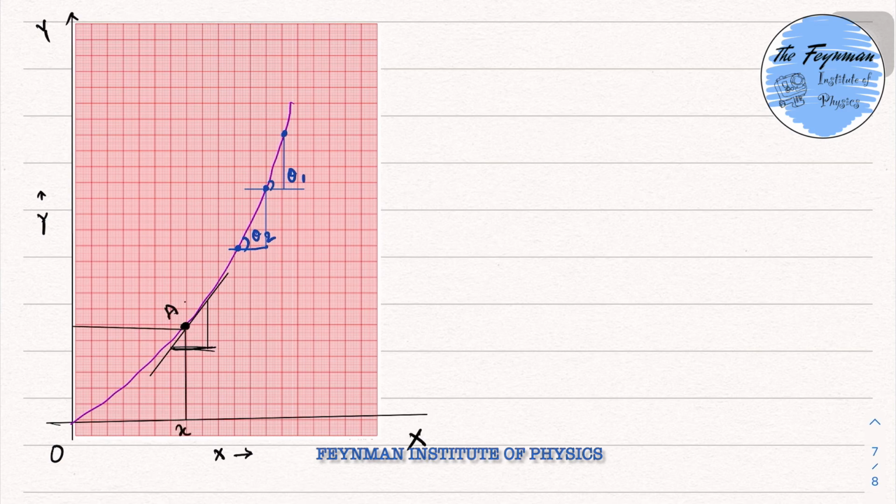Suppose this is the x coordinate of the point A, xi, and this is the y coordinate of the point A, yi. So xi comma yi is the coordinate of A, then the slope at the point A will be the instantaneous value of slope.